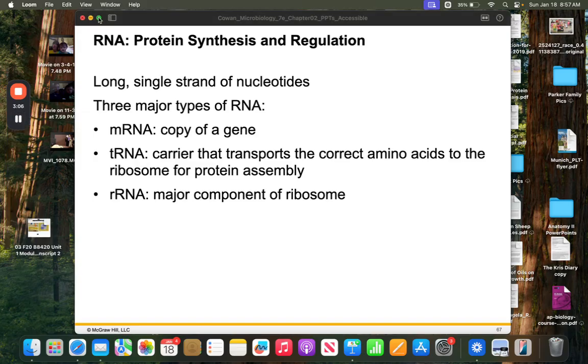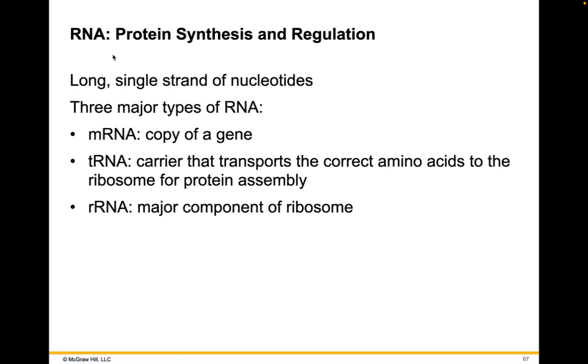So for protein synthesis, we're going to make protein, and we're going to use DNA and RNA and a ribosome to do that. We're going to take RNA, which I mentioned is a single-stranded group of nucleotides.